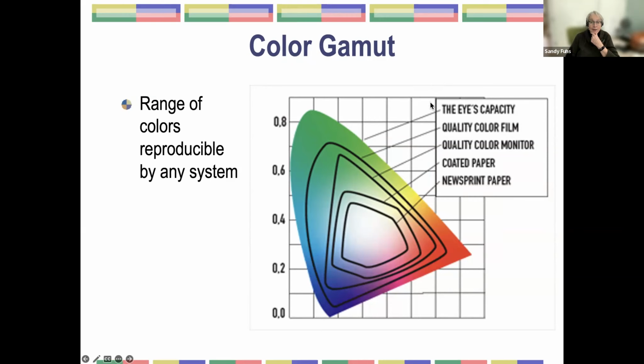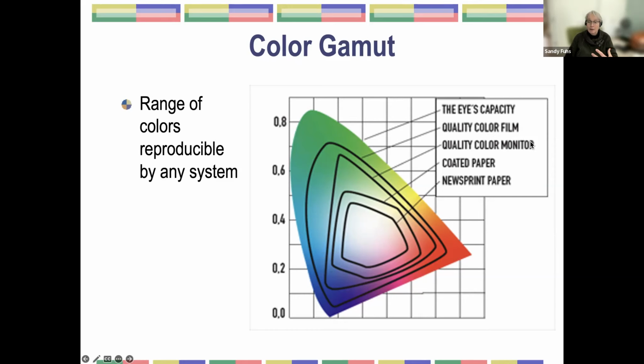The problem is, if I took a camera that had film in it, everything inside this outer black line is what film can see. So these really bright greens or saturated blues, these saturated reds, film cannot see.